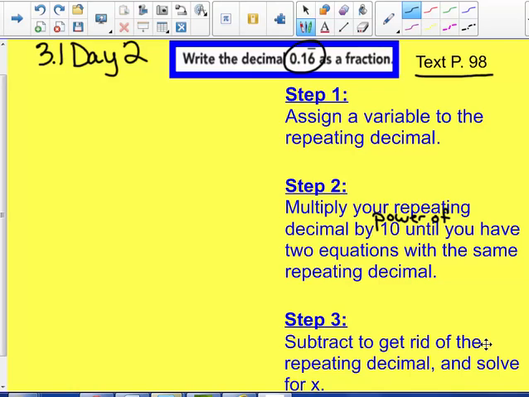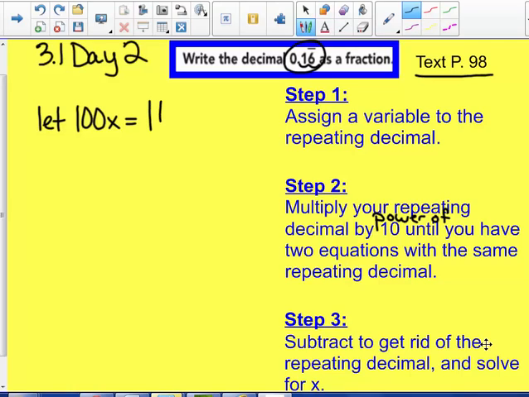So this is what it means. I'm going to multiply my hundredths decimal by 100. So I'm going to say let my variable be x. But I'm going to multiply it by a power of 10 called 100, 10 to the second power. So I'm going to say let 100x equal, I've just multiplied this by 100.